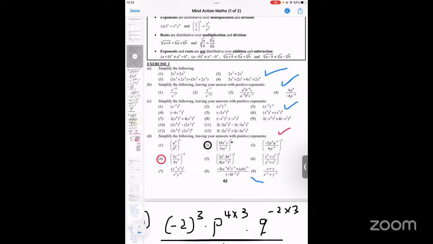You're supposed to do that with the x's, dividing the numerator and the denominator. You see that part, which is x to the exponent -5 plus 7.